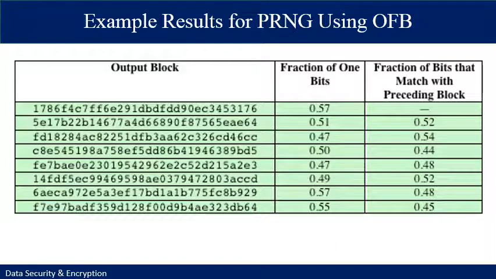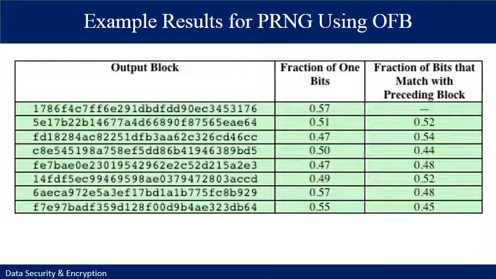So for the output feedback mode pseudo-random number generator, this table shows the first 8 output blocks, that is equal to 1 kilobit, with 2 rough measures of security.